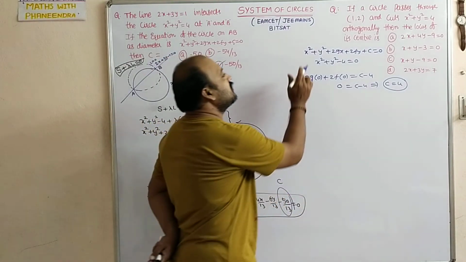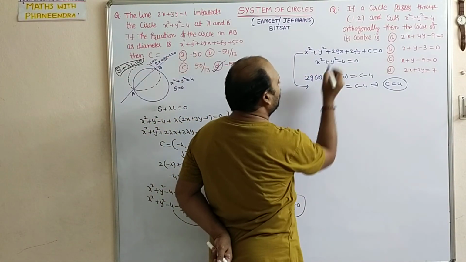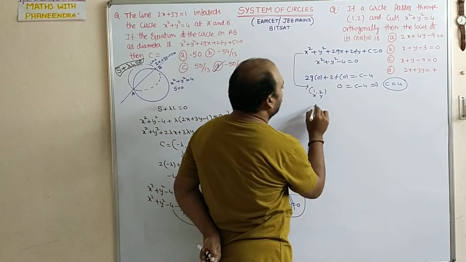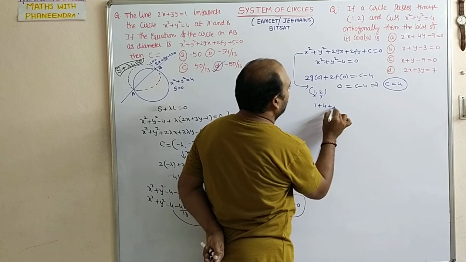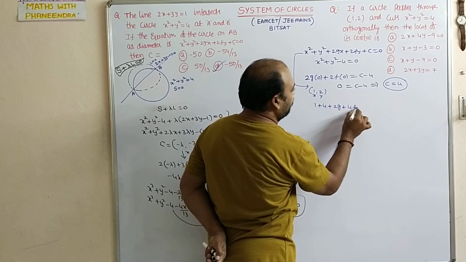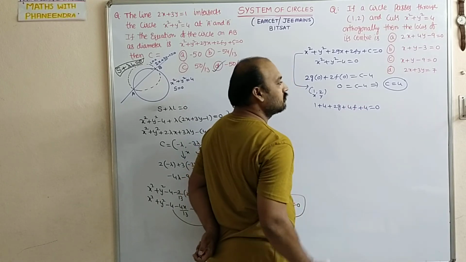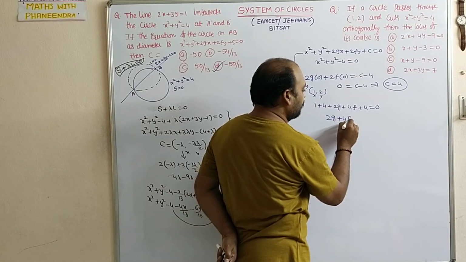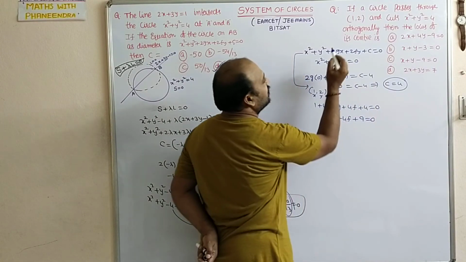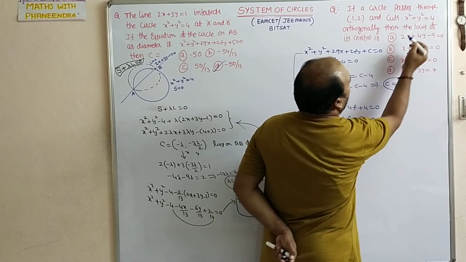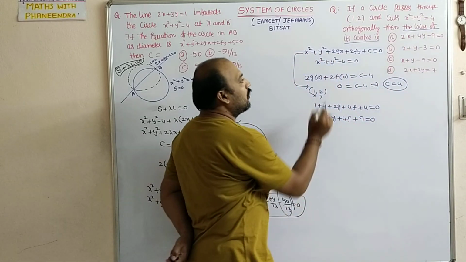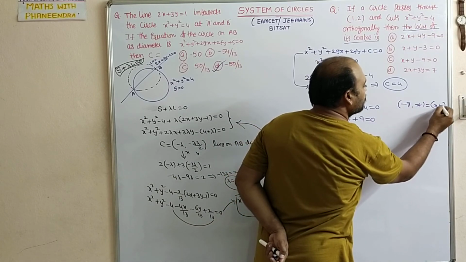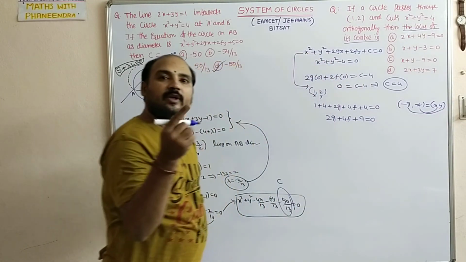After that, this circle is passing through (1, 2). In place of x and y, substitute: 1 + 4 + 2g + 4f + c, with c = 4, so 2g + 4f + 9 = 0. But they are asking the locus of its center. The center of the circle is (-g, -f). For a locus, assume the center is (x, y).